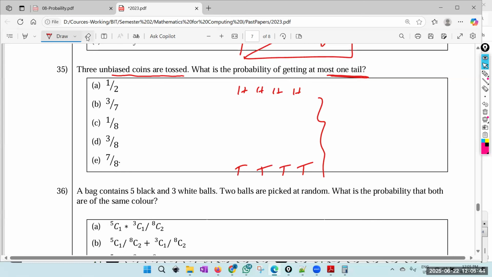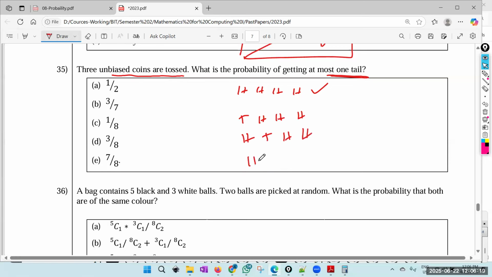At most one tail means exactly one tail, or no tail, right? So this is one possibility because you have at most one tail. Other possibilities are you have only one tail, that is, the tail is here, others are heads, right? So these are the other possibilities, okay? This is another possibility.